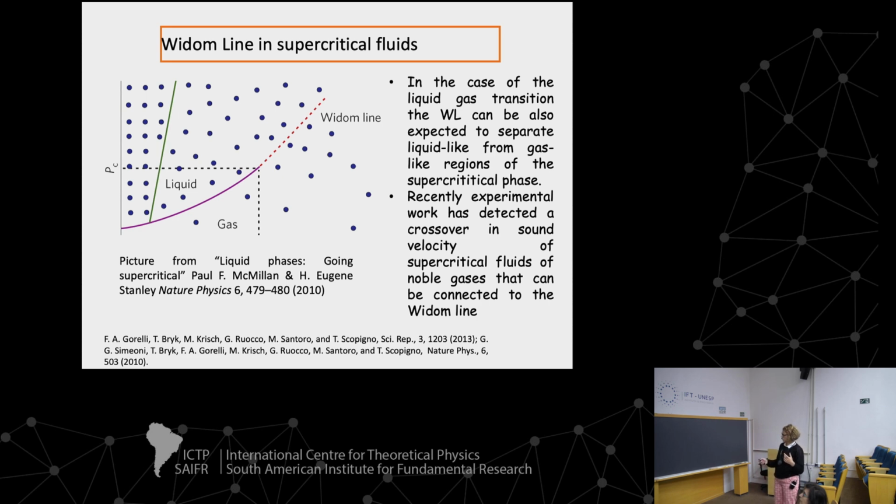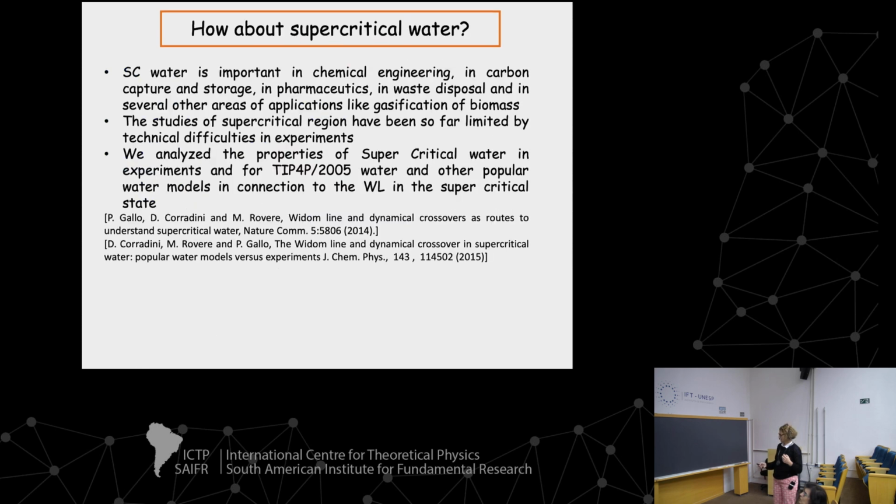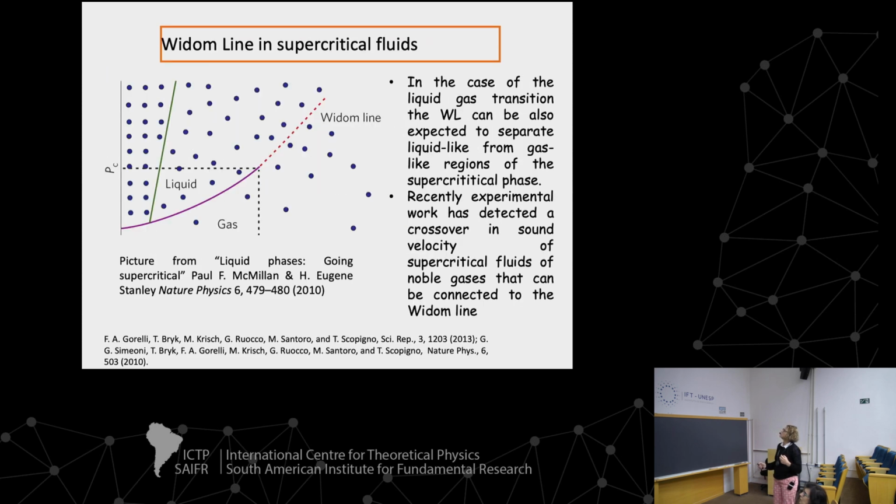So this is noble gases, argon probably, and some other. And so they found a Widom line in noble gases with the experiment. Actually they found a crossover in the sound velocity, and they connected it to the Widom line, okay? So through sound velocity in experiments, they connected it with the Widom line.